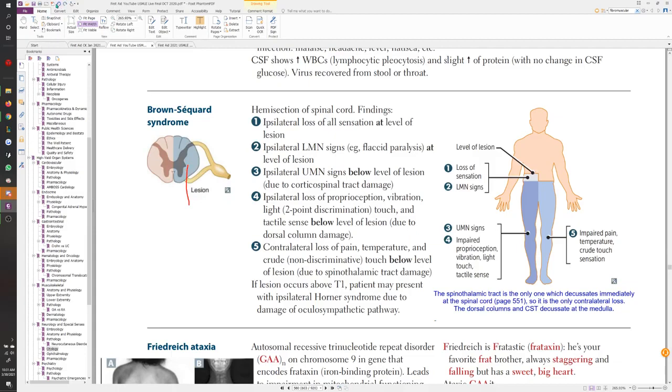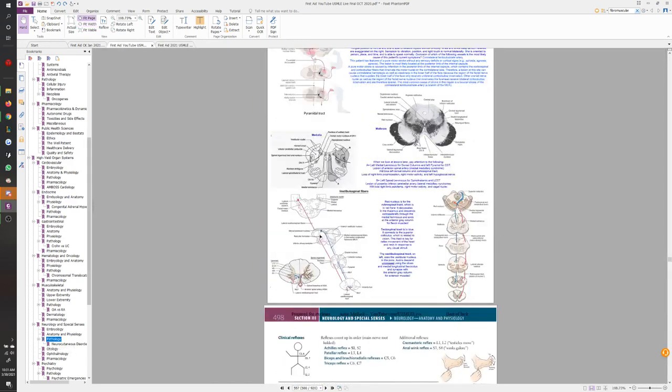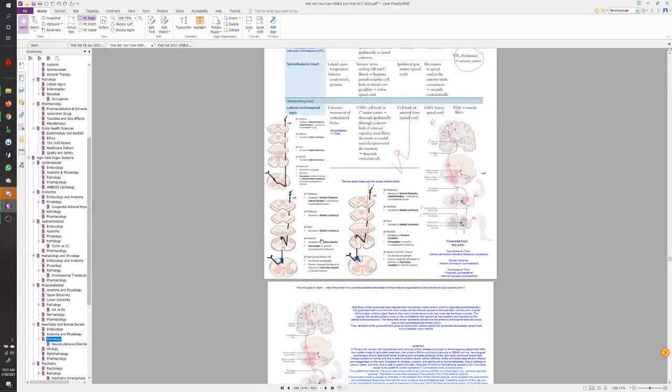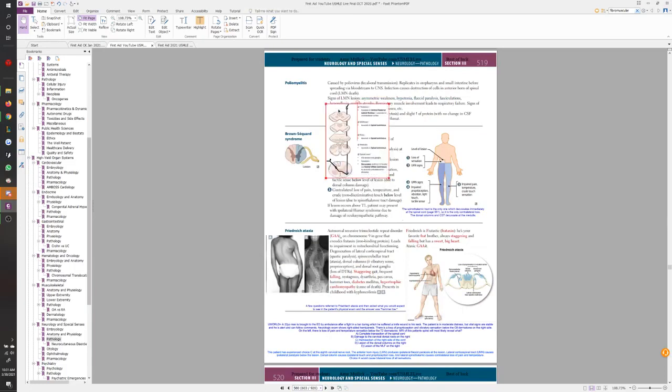So actually, to make this a little easier, let's grab and bring back the tracts. So let's go back up here. We'll grab our spinothalamic tract. Right here.